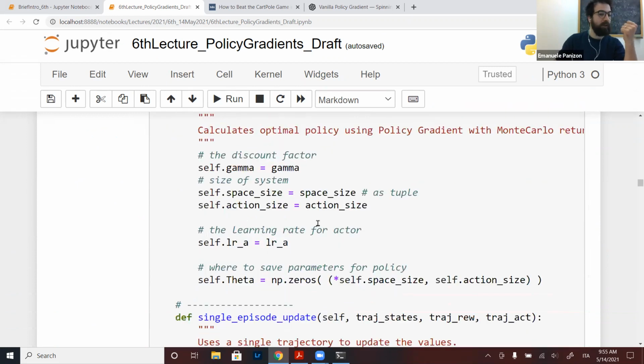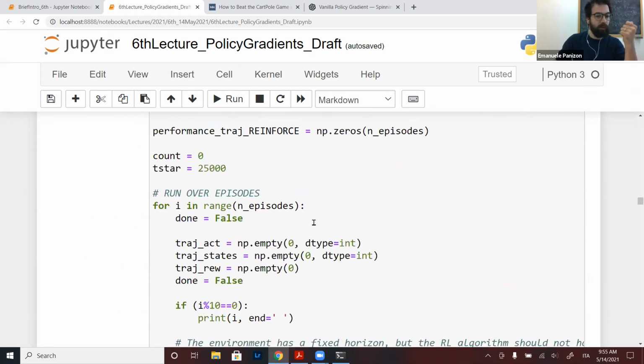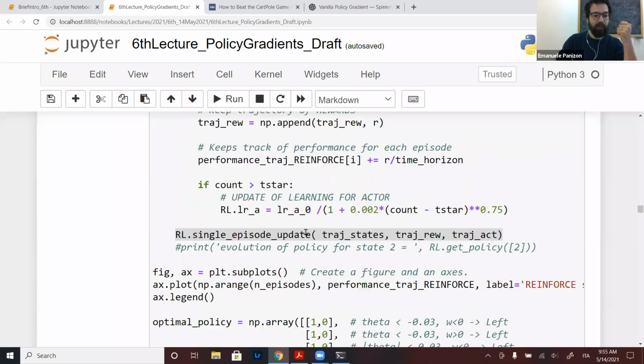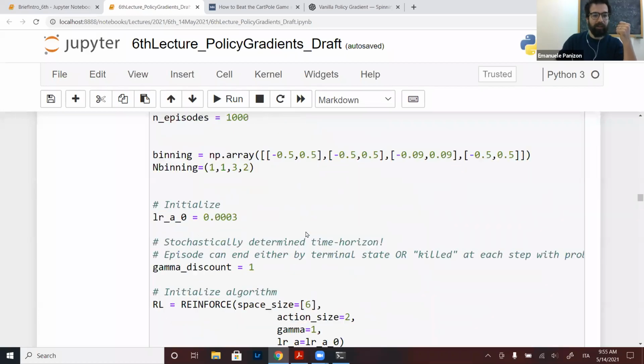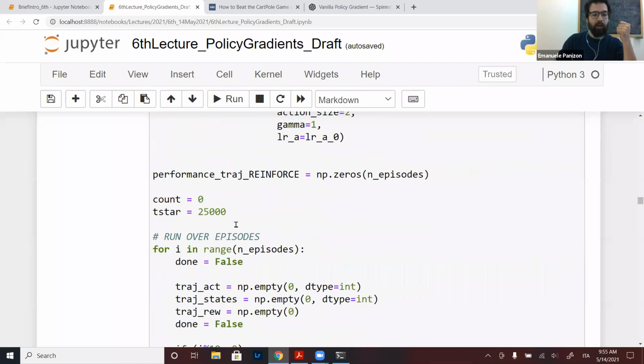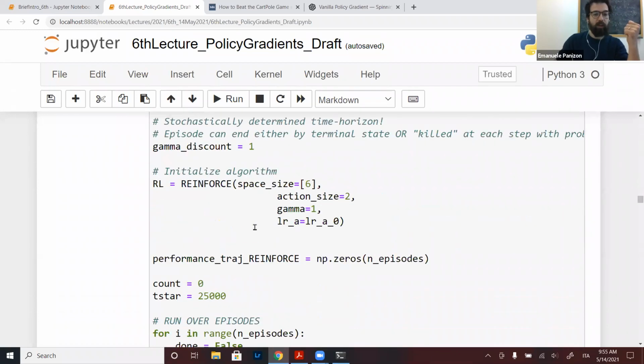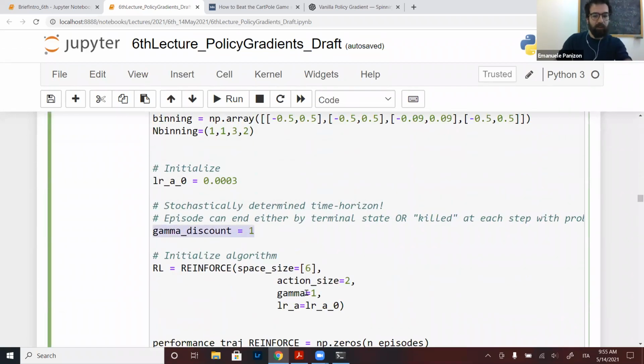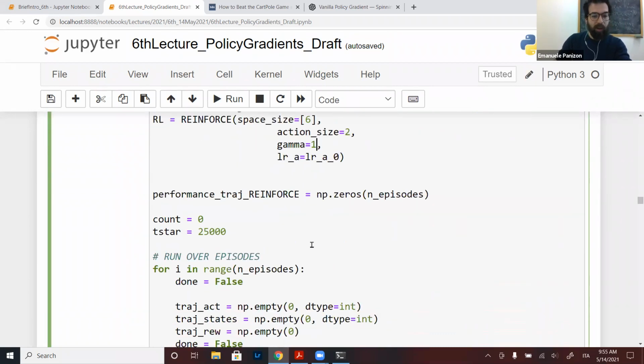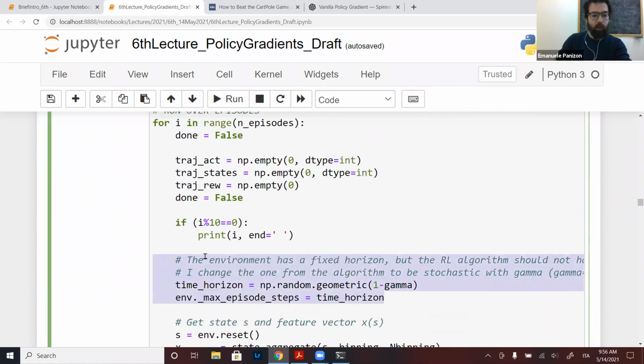Where is the gamma actually coming from, which I want to put? The gamma is coming from the fact that I am putting a forced end to the episode. Inside the calculation of the return I have 1, but each episode will last at most a value which I call time horizon, which has been taken from a geometric distribution of 1 minus gamma.